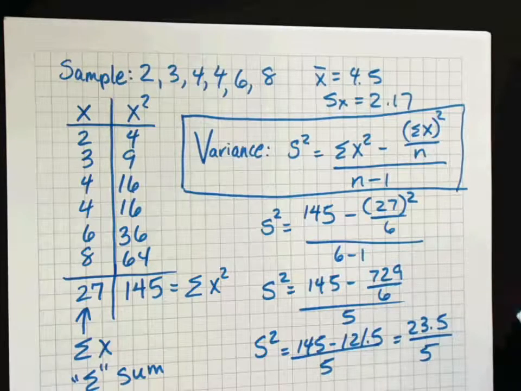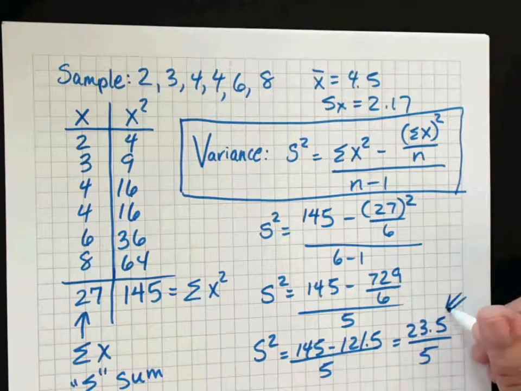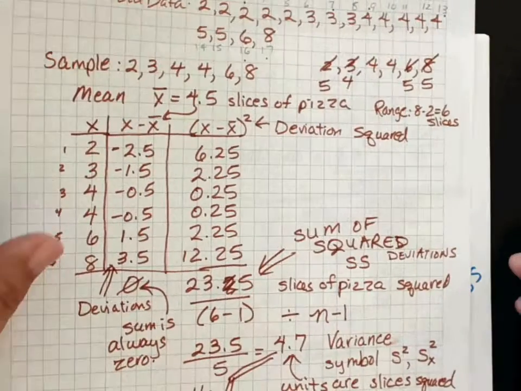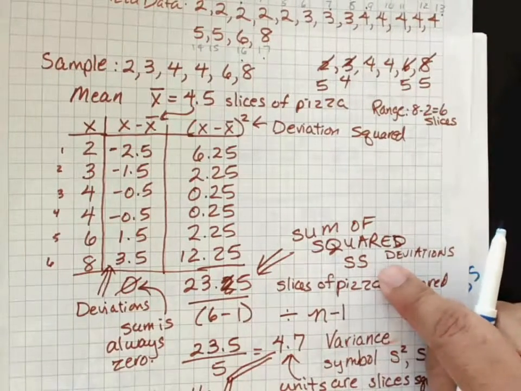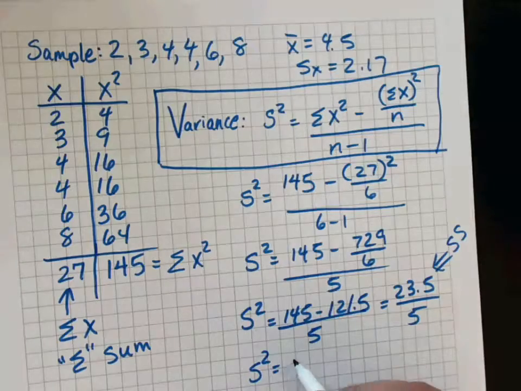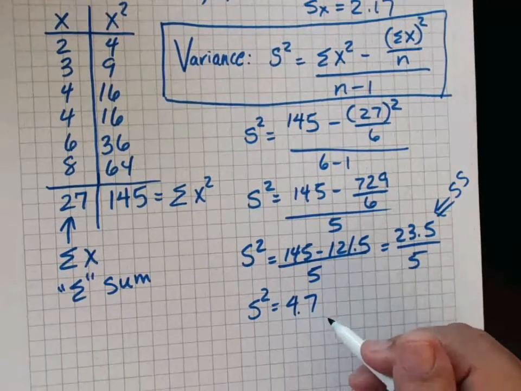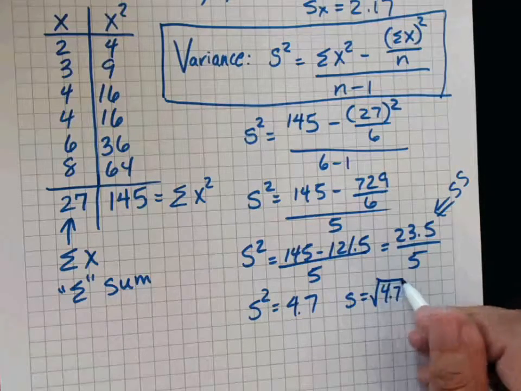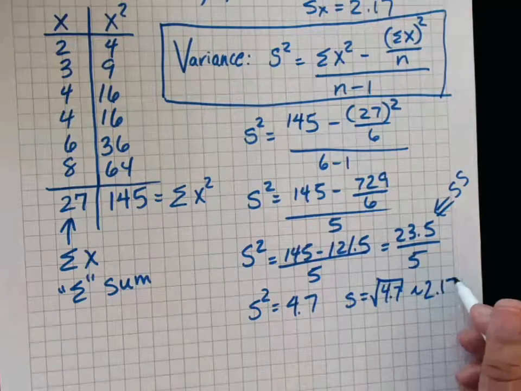So if you look at it, remember when we did SS, our sum of squared deviations, that's the same as that. They're the same. All right? So when I divide out, s squared is still 4.7, which means my standard deviation is the square root of that, and that's approximately 2.17.